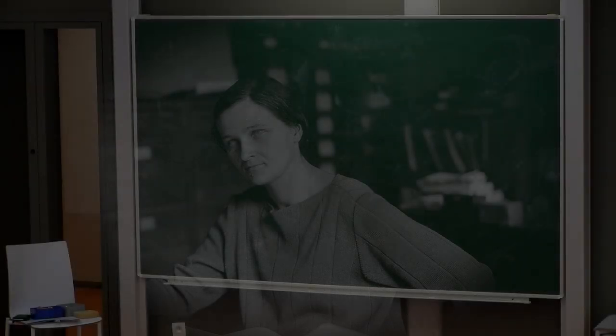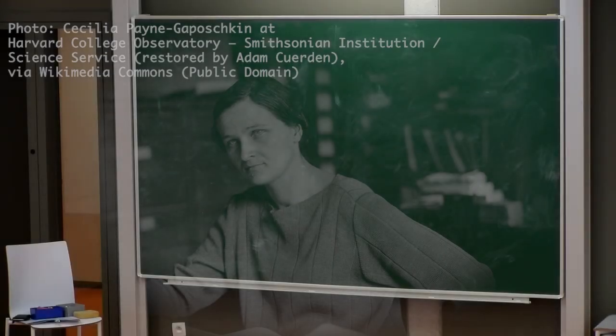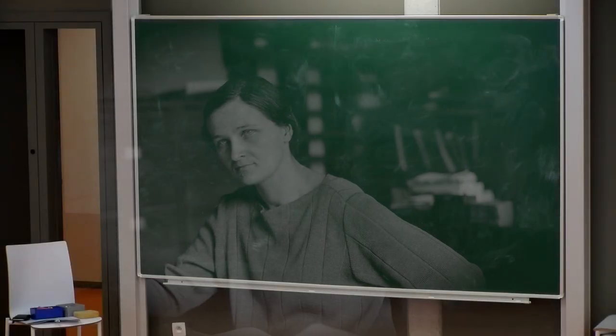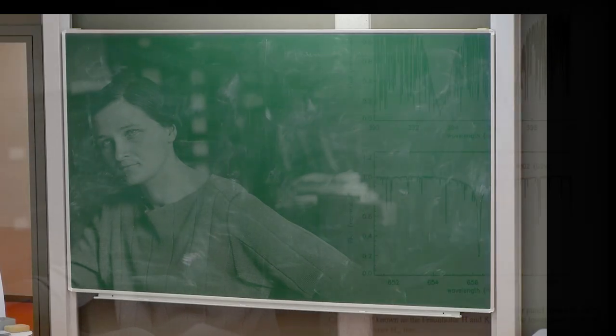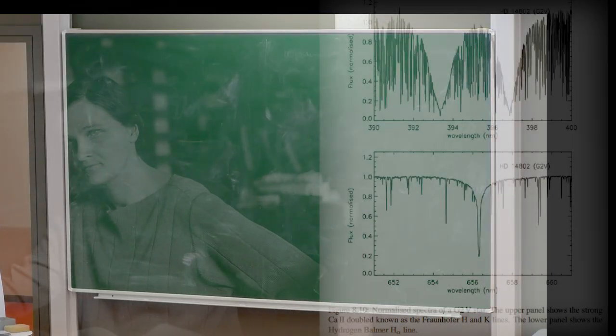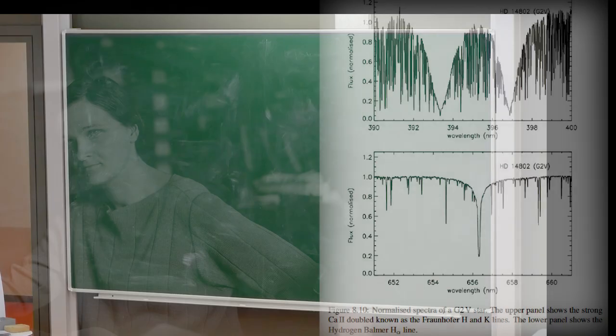So now after the break, we're going to walk a little bit in her footsteps, and we're going to focus on these two lines, which is indeed in the solar spectra, and the reason why this argument was made, right, that the hydrogen is much weaker than the calcium, so there should be much less hydrogen.